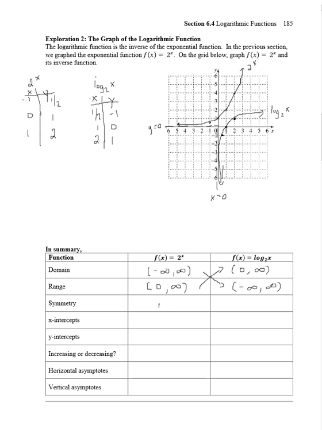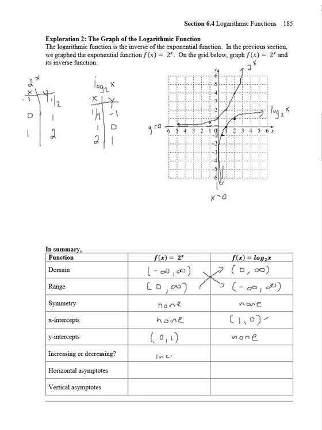Symmetry, neither one has any symmetry. X-intercepts, there's none for 2 to the x, but log base 2 of x has the point 1, 0 as an x-intercept. The y-intercept, the exponential had 0, 1, and the log function does not have a y-intercept.